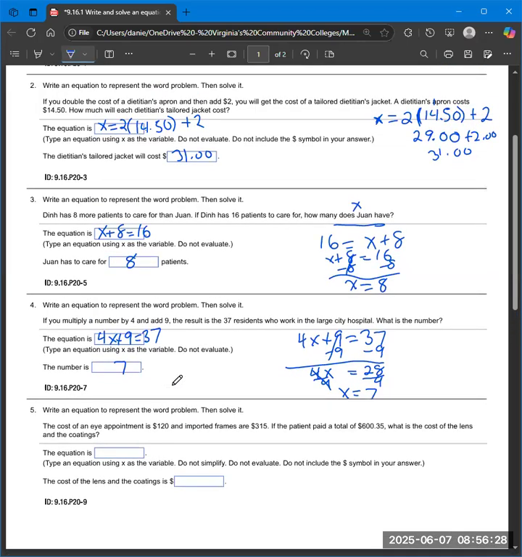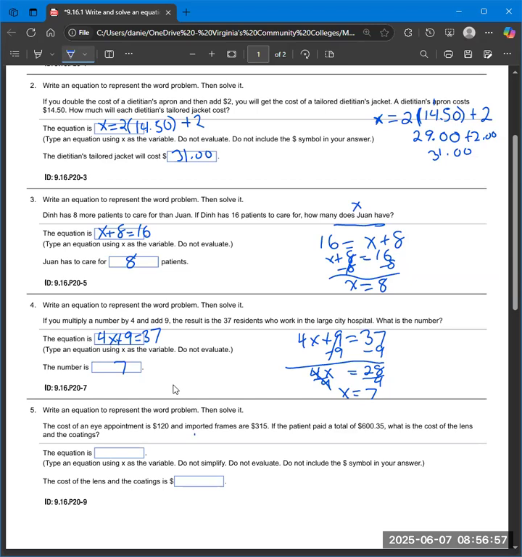Let's write an equation to represent this situation. The cost of an eye appointment is $120, and the imported frames are $315. If the patient paid a total of $600.35, what is the cost of the lens and the coatings?